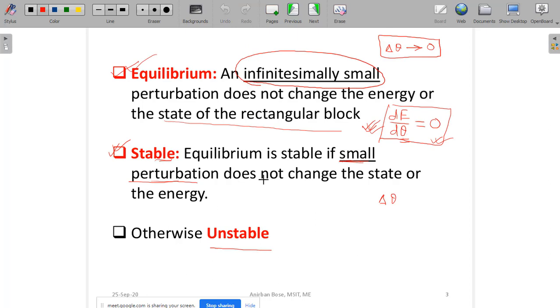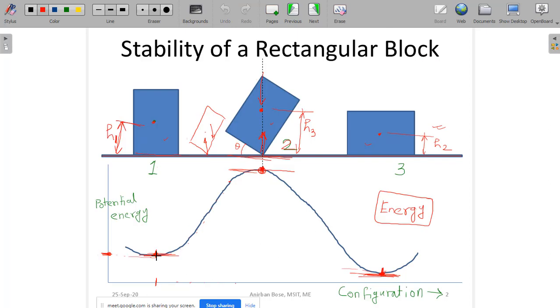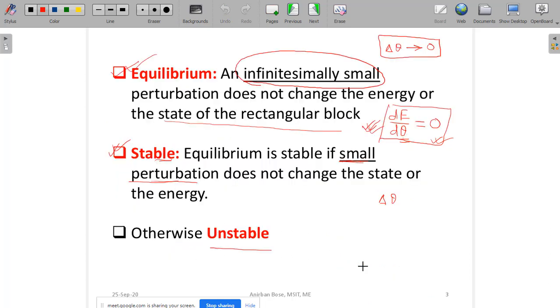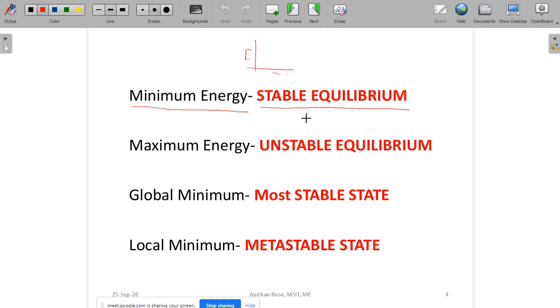In the diagram you have seen, there may be more than one minimum. These are all local minima, maybe more than one. All those minima positions are stable equilibrium. That you have to remember. Now maximum energy corresponds to the unstable equilibrium. Remember, maximum energy corresponds to the unstable equilibrium.